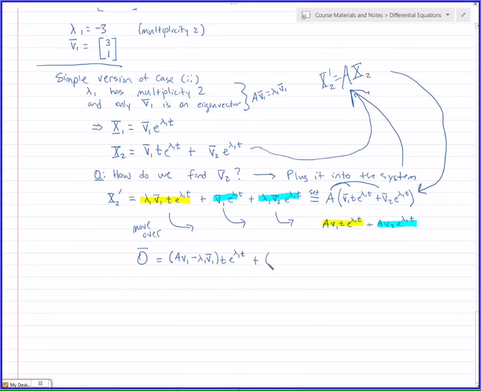So I'll have an a v2 minus lambda v2 minus v1 e to the lambda 1t.